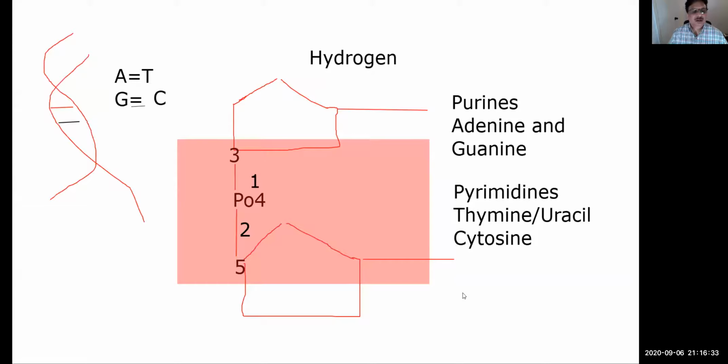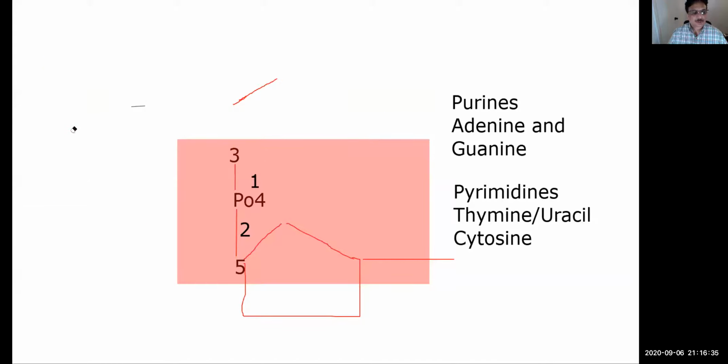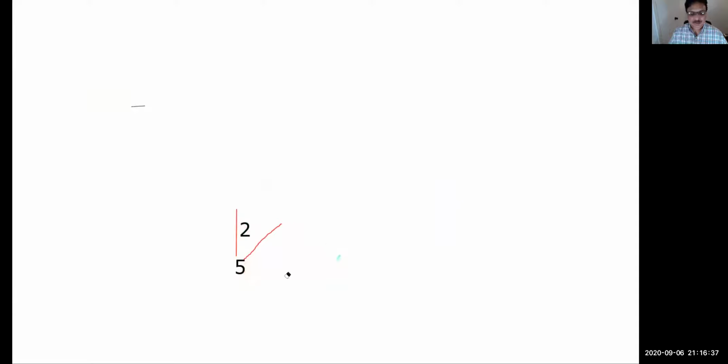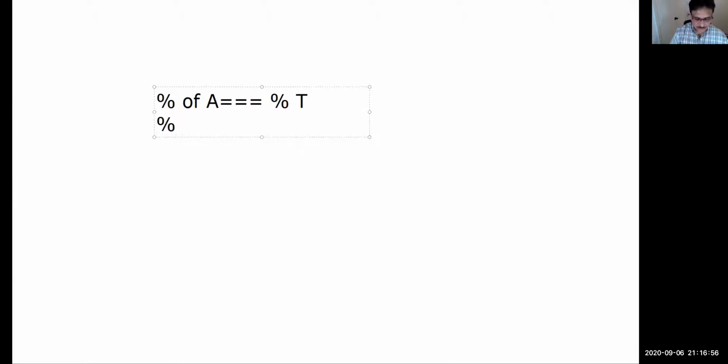Erwin Chargaff proposed a rule that said that in the DNA of any species, the percentage of adenine is equivalent to the percentage of thymine. And similarly, the percentage of guanine is equivalent to the percentage of cytosine.